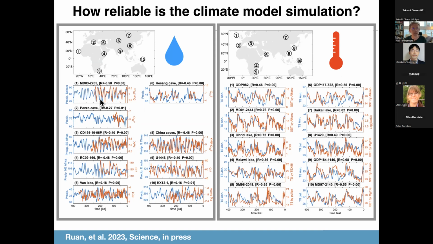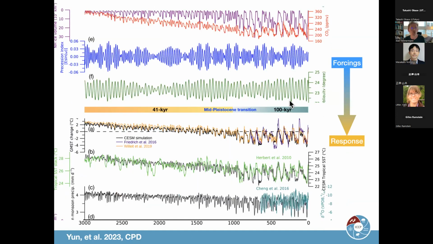But the precipitation variability, in particular the precessional cycle in the tropical regions, is nicely picked up by our model. On the other hand, if we look at temperature records, we see much more the CO2/ice sheet driven 80 to 120,000 year variability. Okay, so let's go through that a little bit more in detail. The simulation covers also this mid-Pleistocene transition.